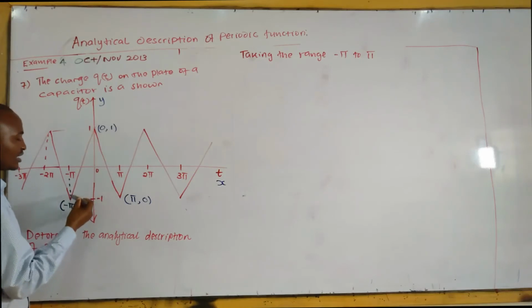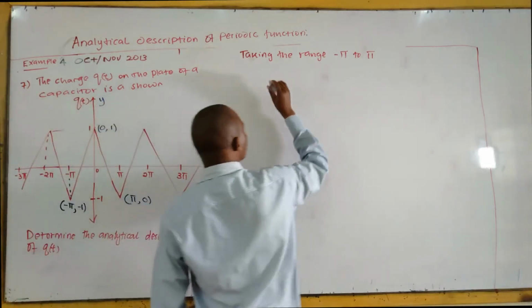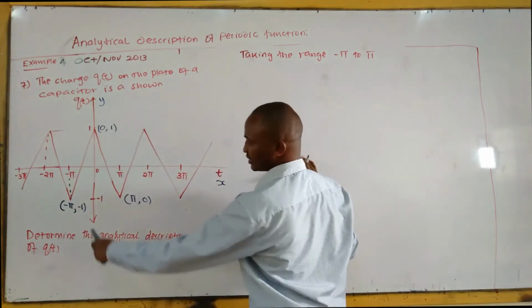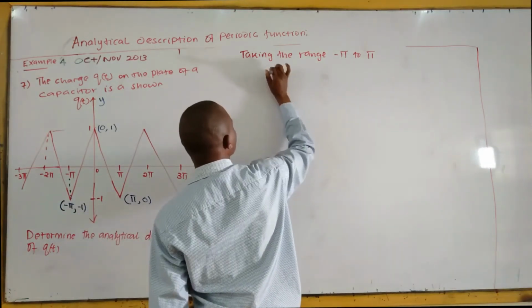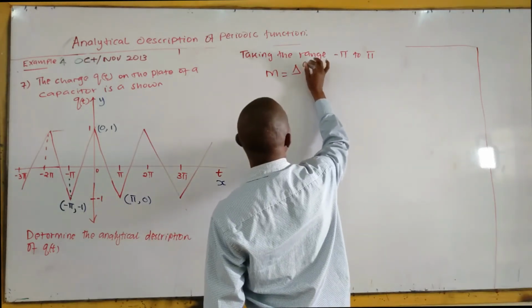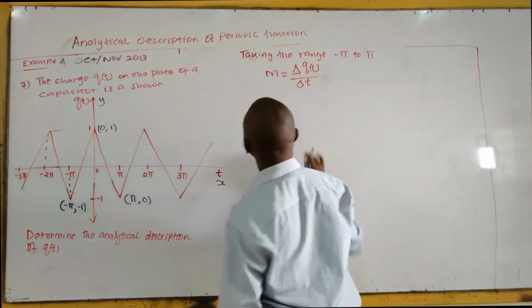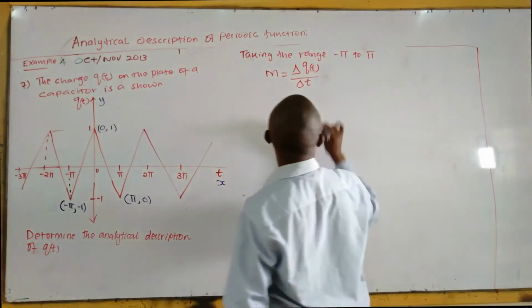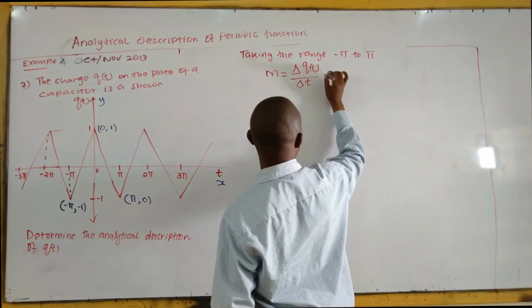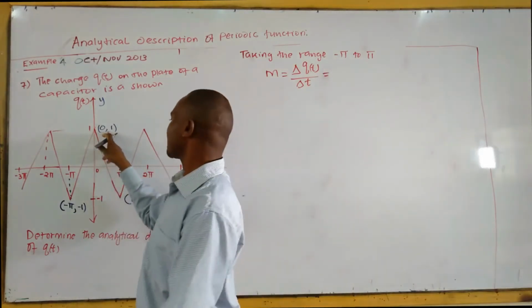You can see this one has a positive gradient. The gradient of the first line is m is equal to change in Q of t all over change in t. Let us consider this one as our first point.